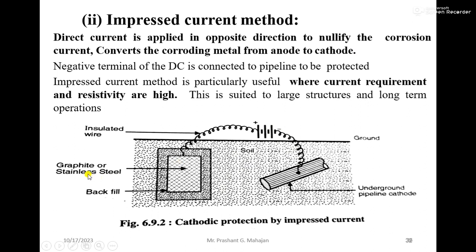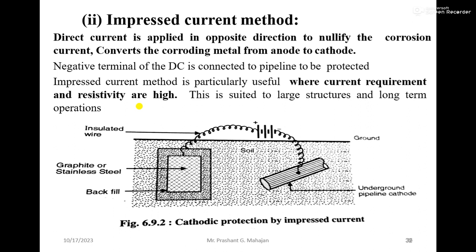The backfill contains graphite and stainless steel. Due to the change in terminals, the material attached to the negative terminal acts as the cathode and the positive terminal metal acts as the anode. Remember, it is used where the resistivity is high. So that is called the impressed current method.